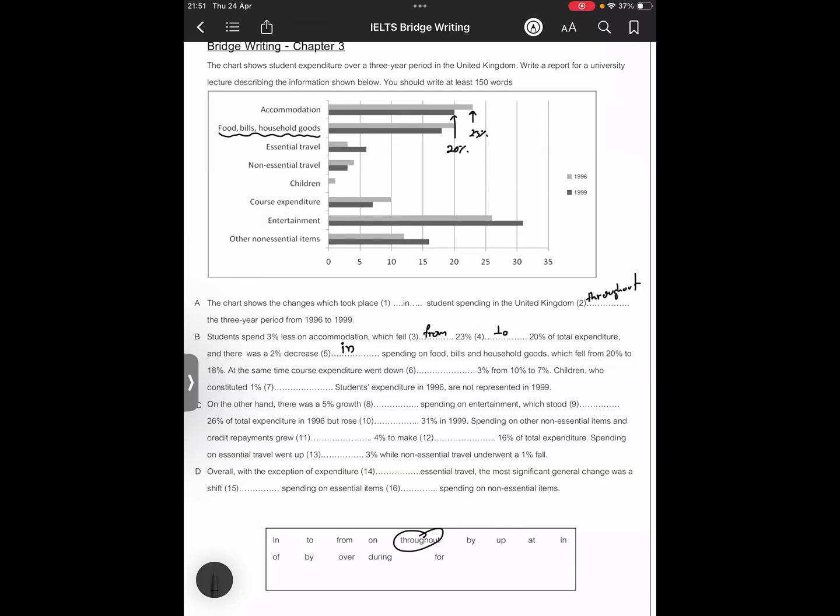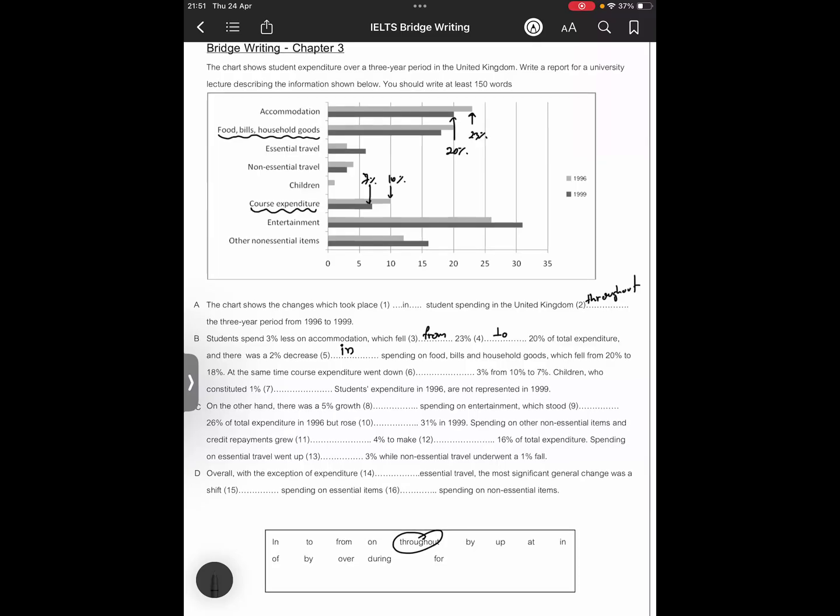At the same time, course expenditure went down. Let's look at course expenditure. And they believe that it used to be at 10%. And then it dropped to 7%. So it went down by 3%.